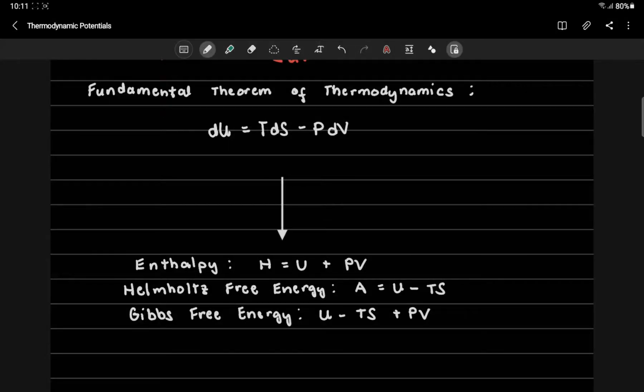In the previous video lecture, we were able to develop this relation dU equals TdS minus PdV, which is known as the fundamental theorem of thermodynamics.